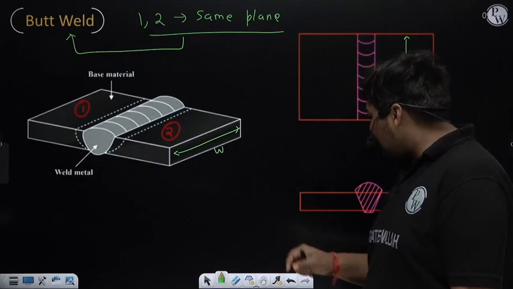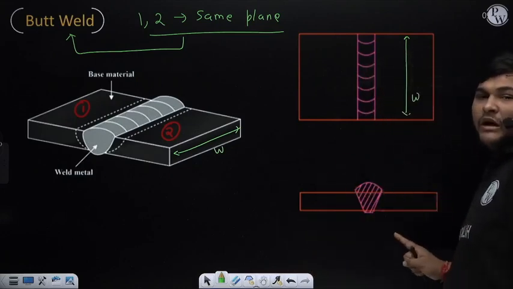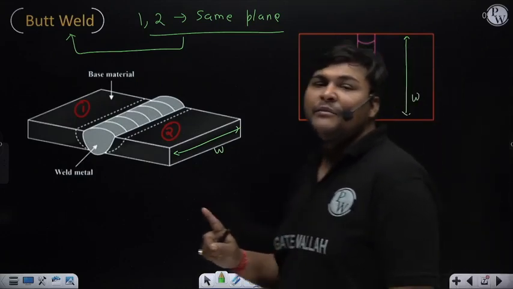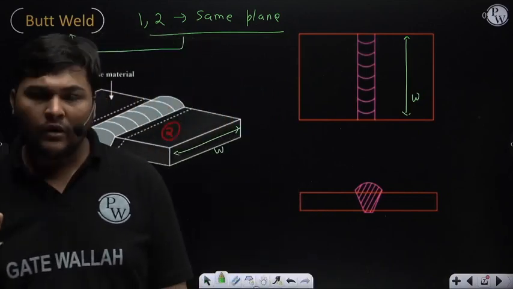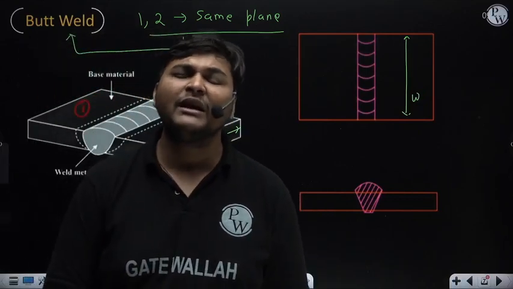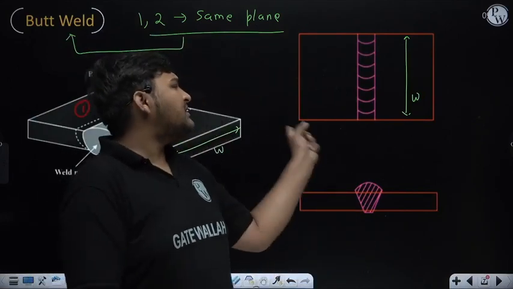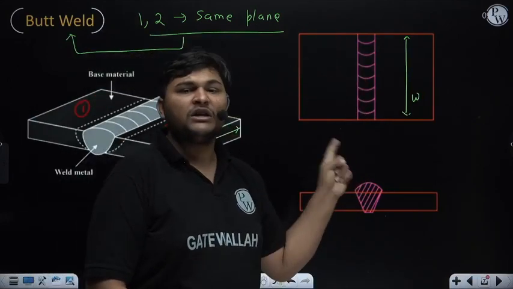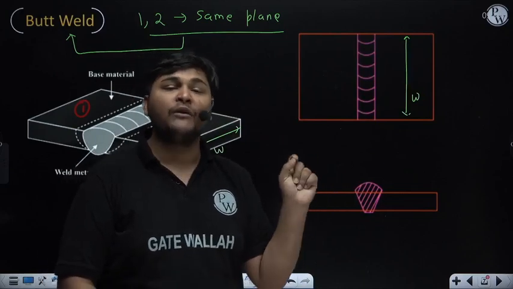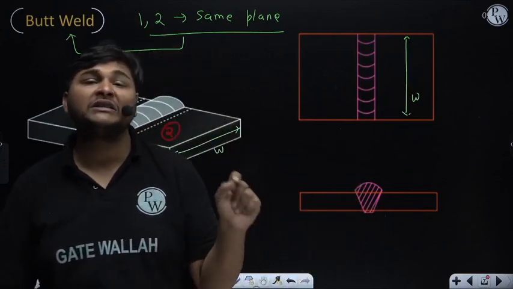But suppose the examiner has only given this view. In that case, either the examiner will mention the length of the weld, or if the width of the plate is given and this view is not given, and we need to solve the problem, we need to know the length of the weld.